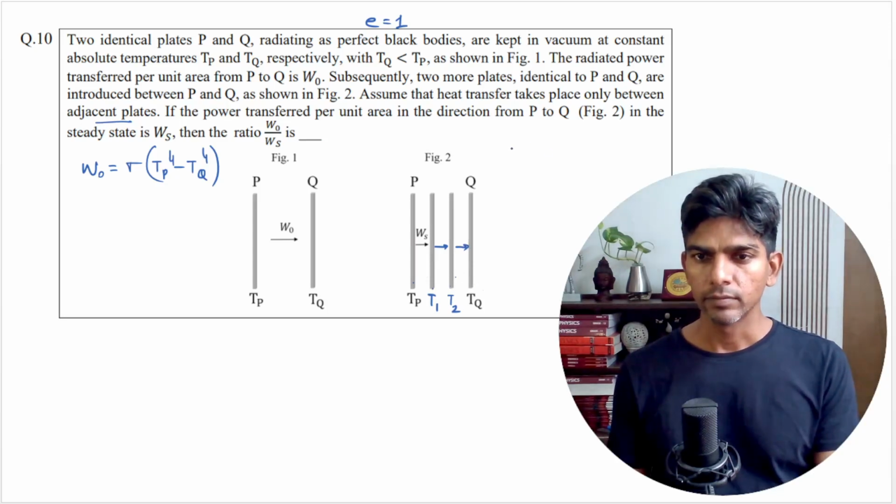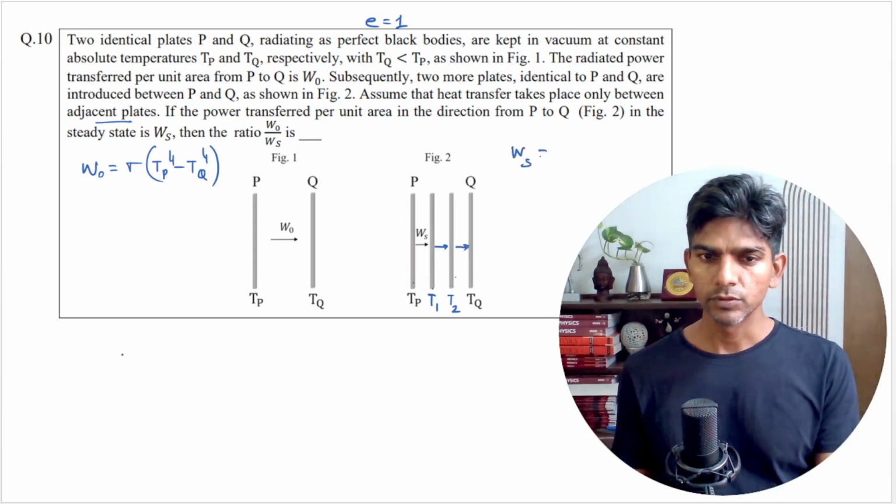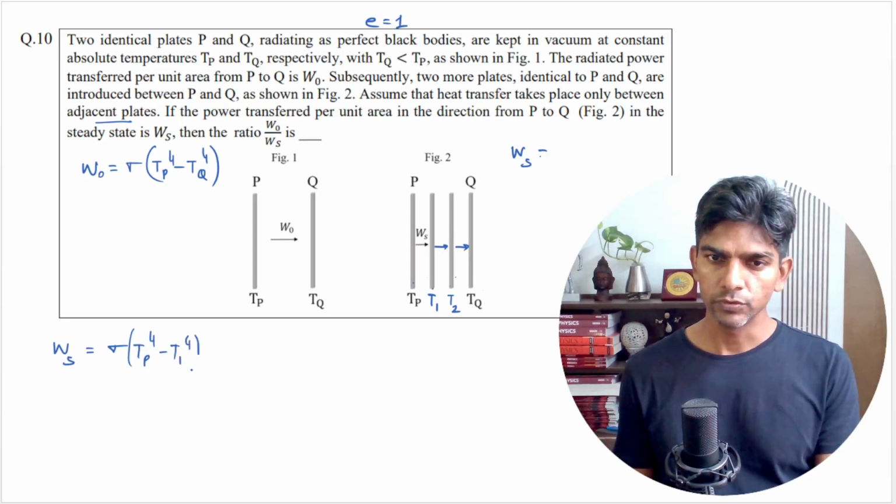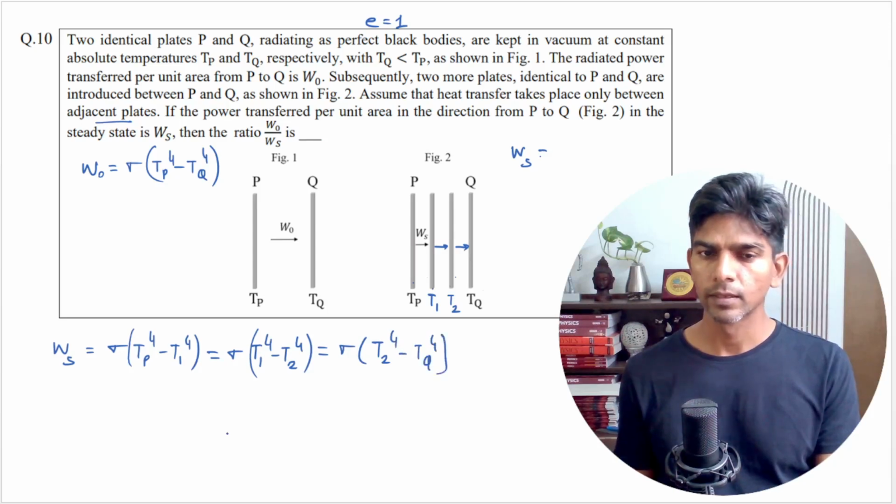So we can write Ws. So Ws will be sigma times Tp raised to power 4 minus T1 raised to power 4. And this is also equal to sigma times T1 raised to power 4 minus T2 raised to power 4. And it also equals sigma times T2 raised to power 4 minus Tq raised to power 4.